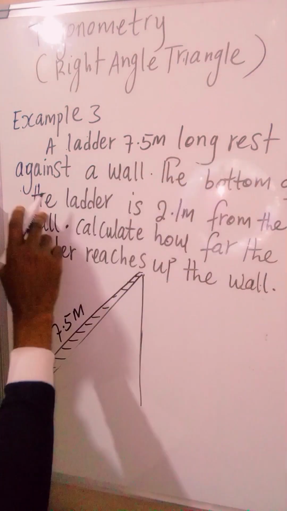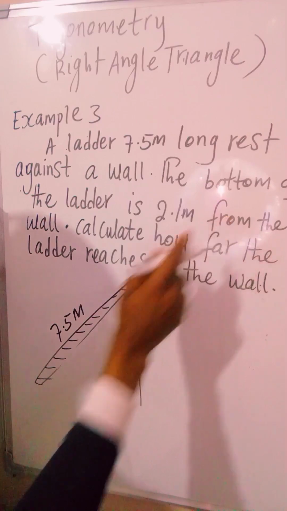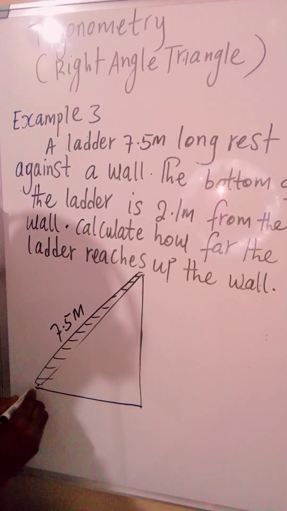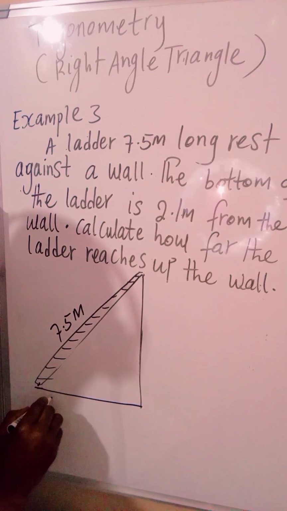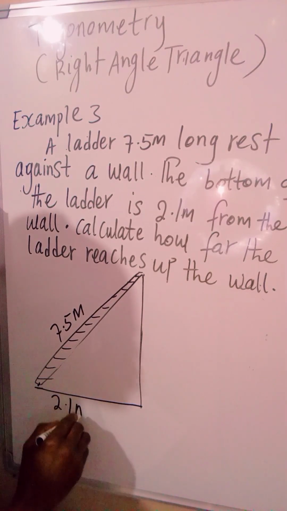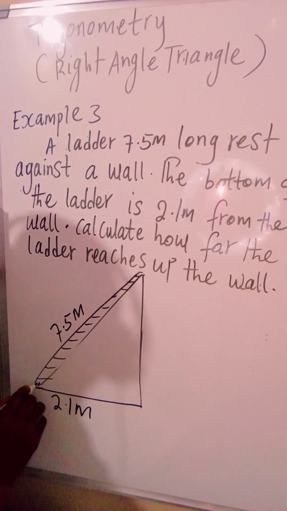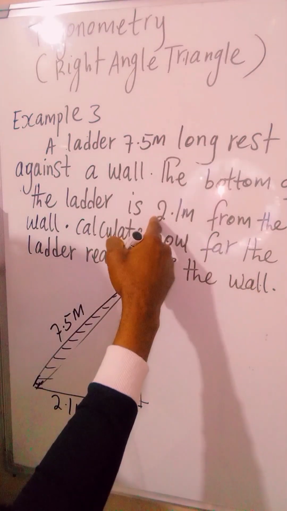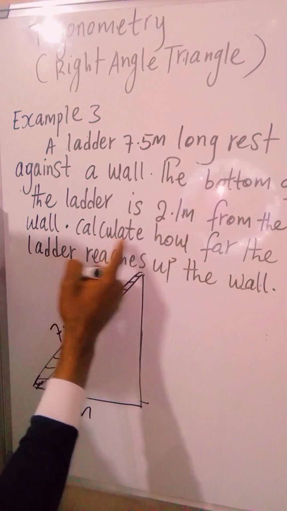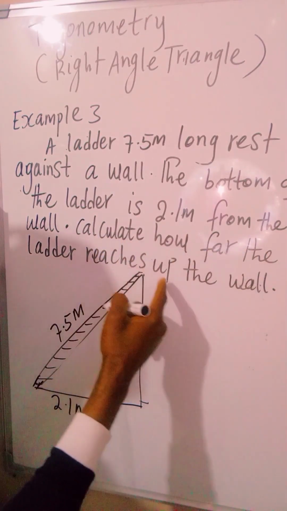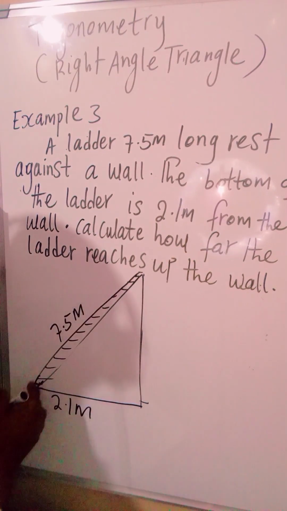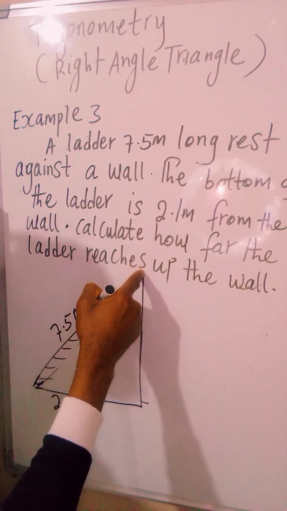The bottom of the ladder is 2.1 meter from the wall. Calculate how far the ladder reaches up the wall. How far this very ladder reaches up the wall.